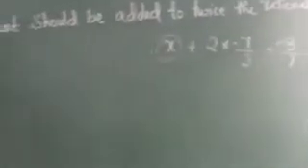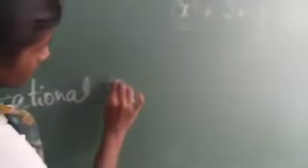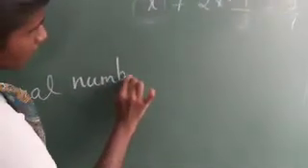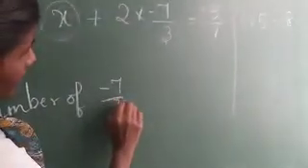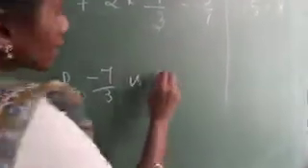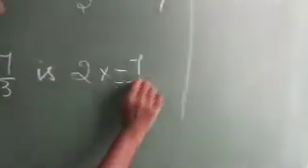So see, first you write twice the rational number minus 7 by 3. How do you write? 2 into minus 7 by 3.